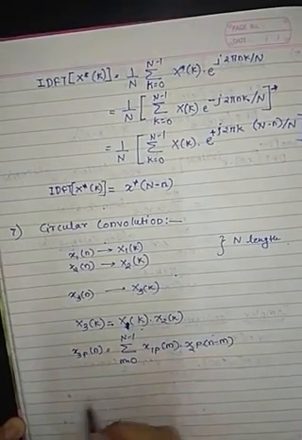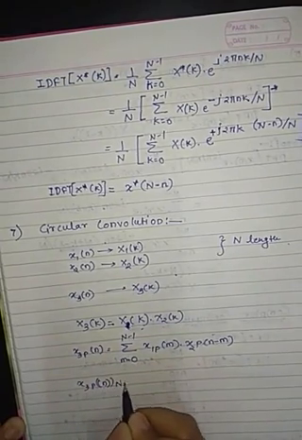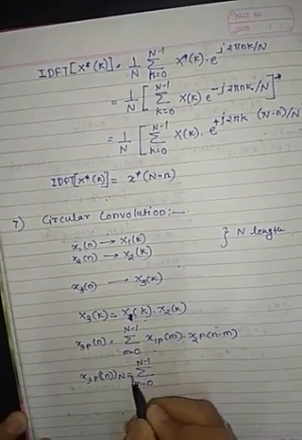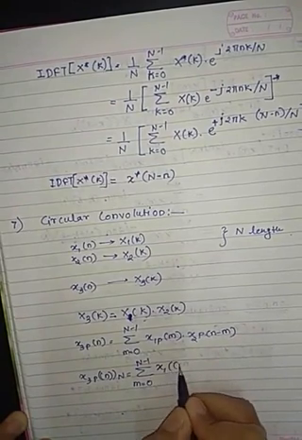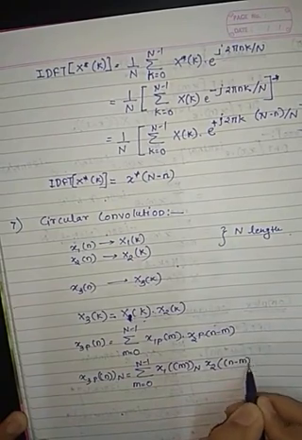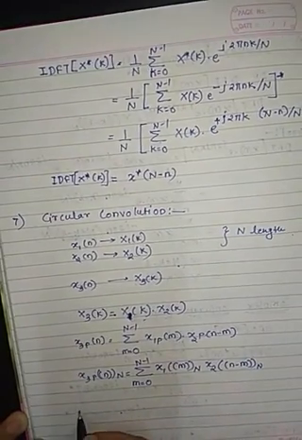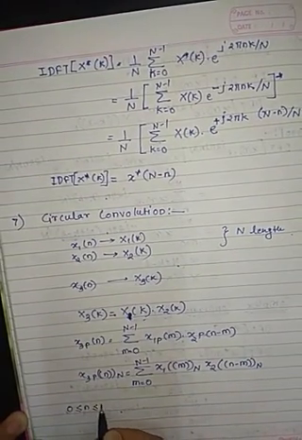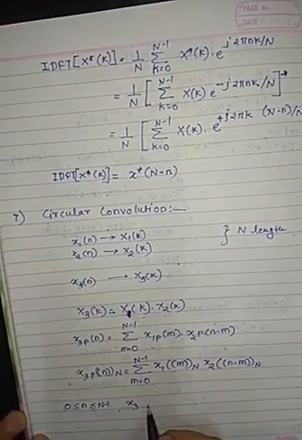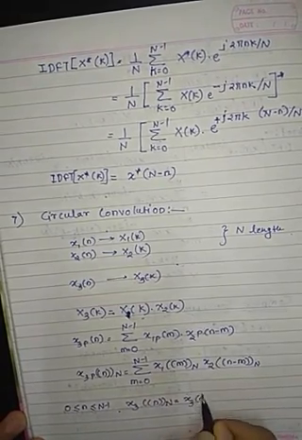Okay, so we can write here that x3p of n modulo n is equivalent to the summation from m equal to 0 to N minus 1 of x1 of m modulo N, x2 of n minus m modulo N. So for n lying between 0 and N minus 1, our sequence x3 of n modulo N is given as x3 of n.